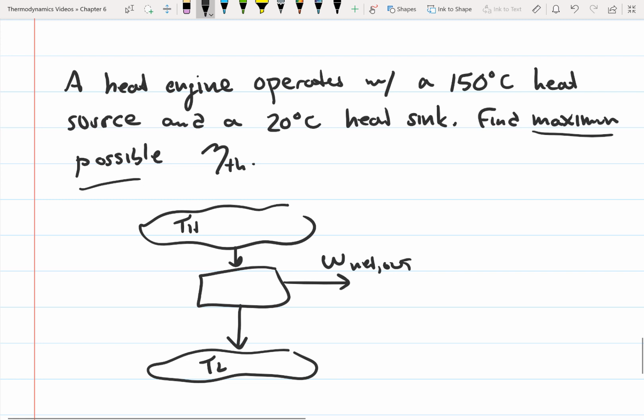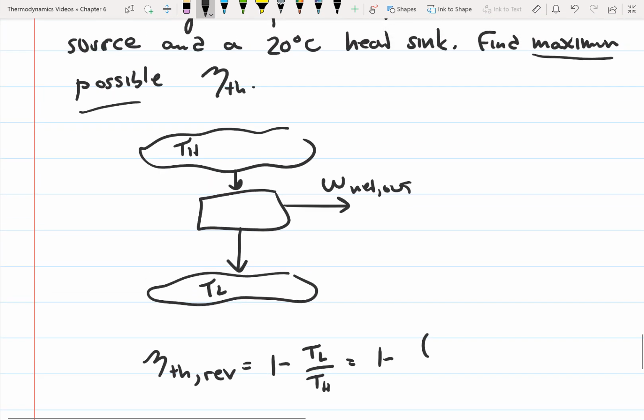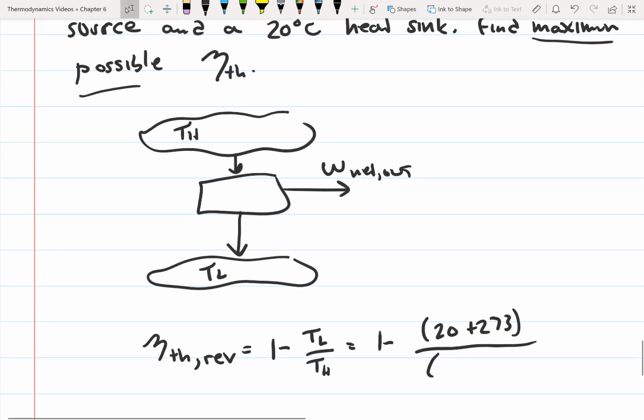So if we go back to what we just derived, the thermal efficiency for a reversible cycle, which is the maximum efficiency we can have, is equal to 1 minus TL over TH, which is equal to 1 minus, and then we need to convert these temperatures to Kelvin. So this is going to be 1 minus 20 plus 273 divided by 150 plus 273.